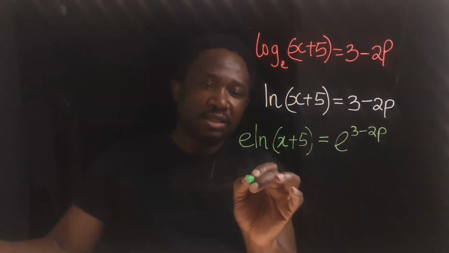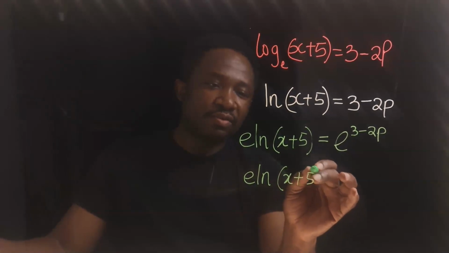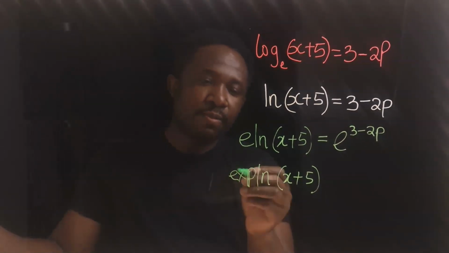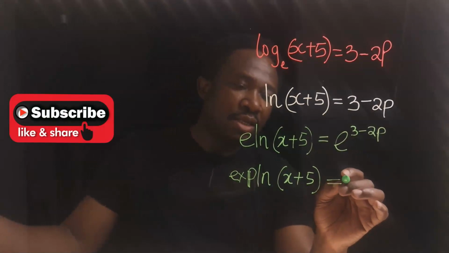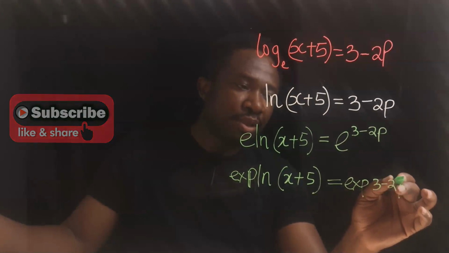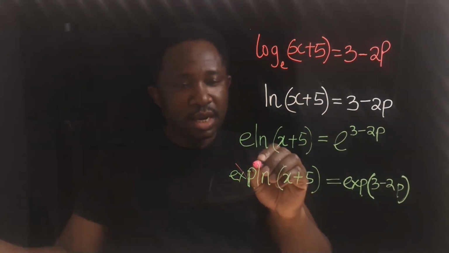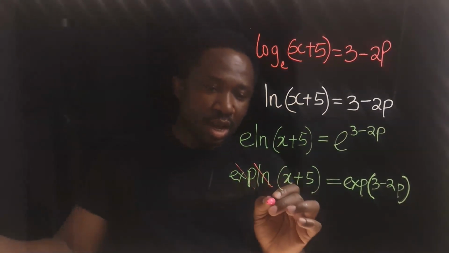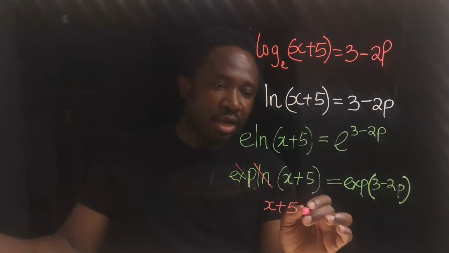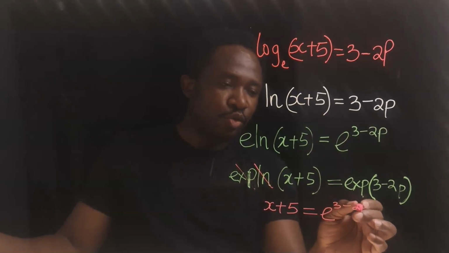We can rewrite this as exponential the natural log of X plus 5, or writing the exponential in this order, and on the other side we can write it as exponential 3 minus 2p. Exponential can neutralize natural log, and X plus 5 is now free, and on this side we can write this as exponential 3 minus 2p.